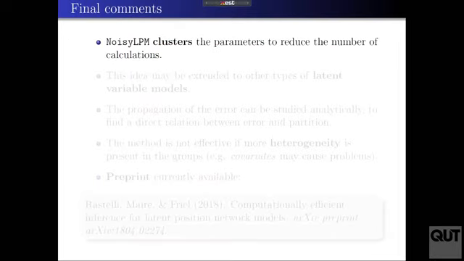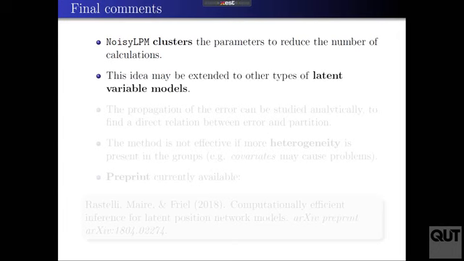Okay, so in practice, the method clusters the parameters of the model, and by doing that, we were able to reduce the computing time dramatically. And one point to make is that this is actually not necessarily a method for networks.